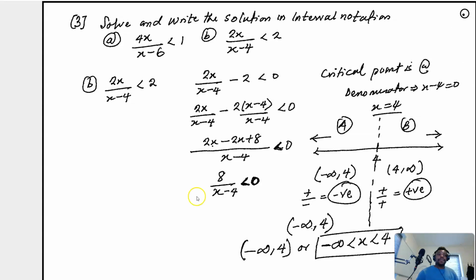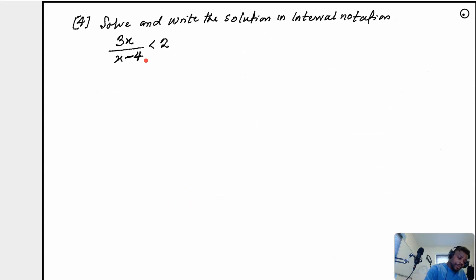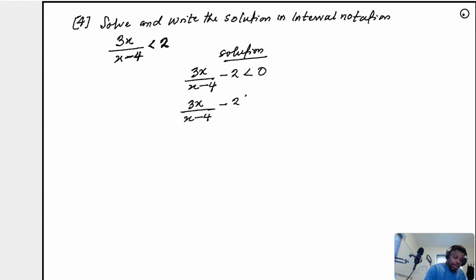Good. Now let's take this question. It should be 3x over x minus 4. Remember, the right hand side must be 0, so I can write this as this. Okay, so this is 3x over x minus 4 minus 2 times x minus 4 over x minus 4. Like I said, this can cancel out. It does not make any difference.